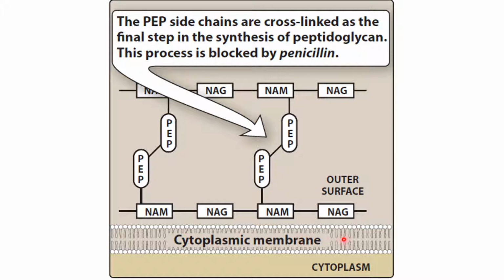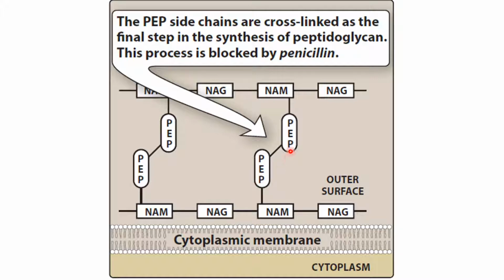Animals and humans don't have a cell wall, they only have the cell membrane, but bacteria have a cell wall, and especially gram-positive bacteria have a very thick cell wall with N-acetylmuramic acid and N-acetylglucosamine, and these structures are connected to each other using the peptidoglycan.